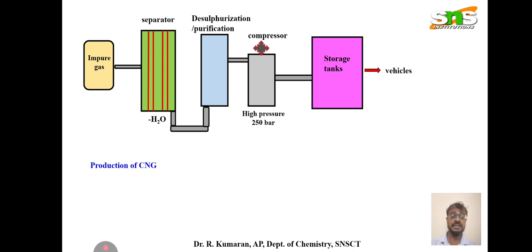Desulfurization means removal of poisonous sulfur, and the gas becomes purified. Finally it is compressed to a particular pressure, here denoted as 250 bar. It is stored in storage tanks, and finally used in applications such as vehicles.